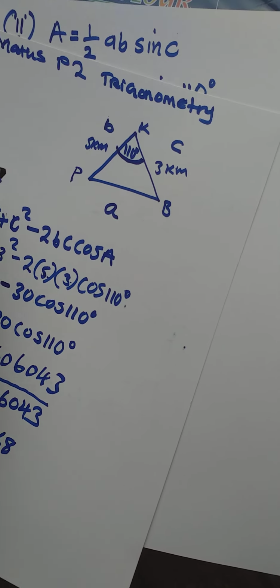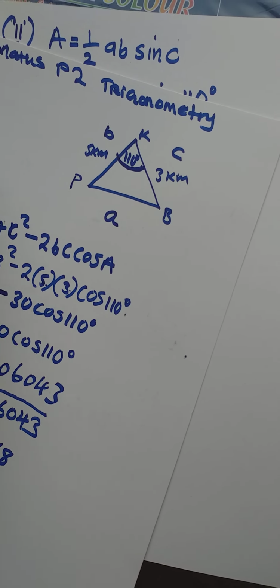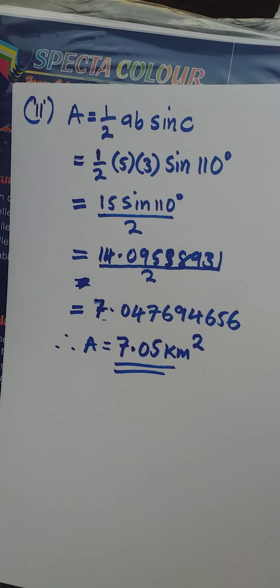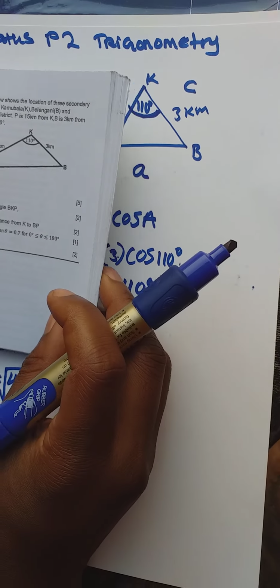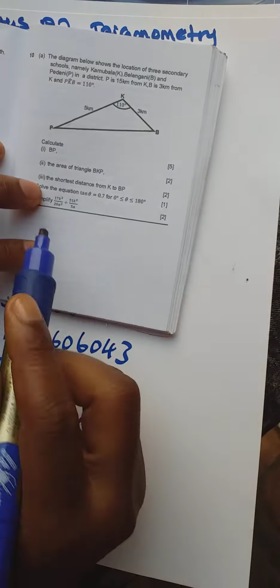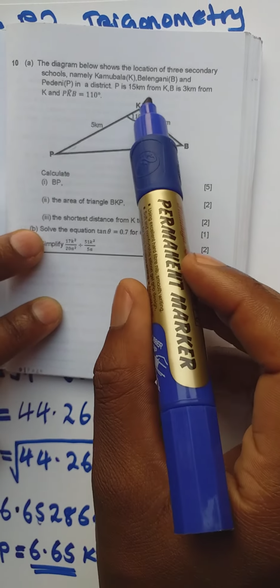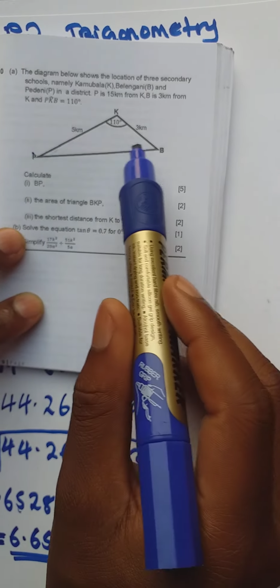So let's check our third question, which is the shortest distance. We want to calculate the shortest distance from point K to PB.